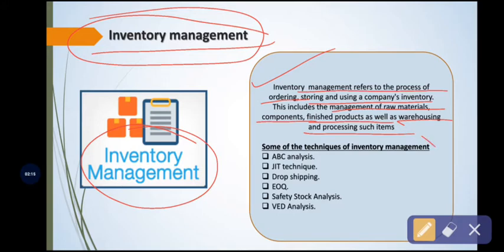So the given techniques will support to manage the inventory, that is ABC analysis. This we are going to discuss in the 3rd chapter deeply, that is ABC analysis in the sense activity based costing. It is also not a new concept to you.